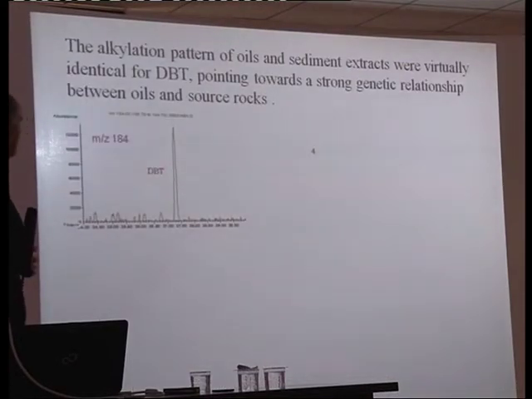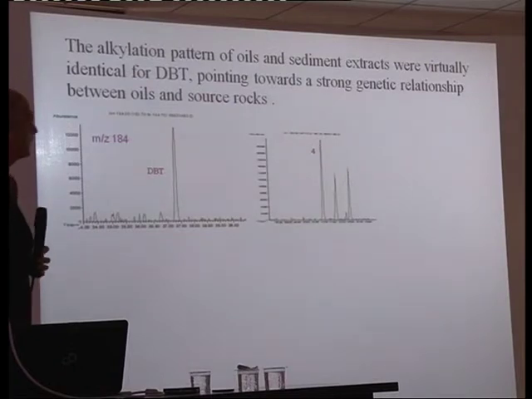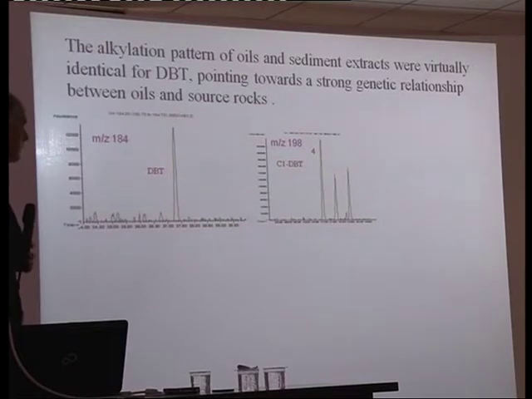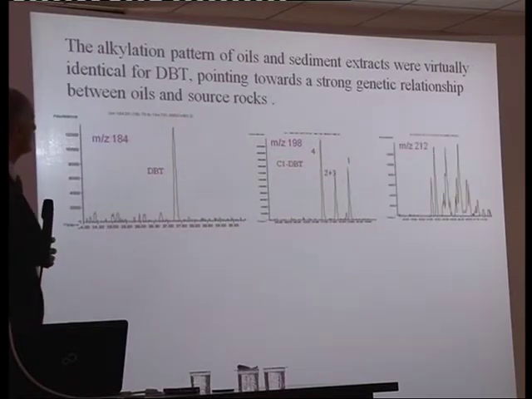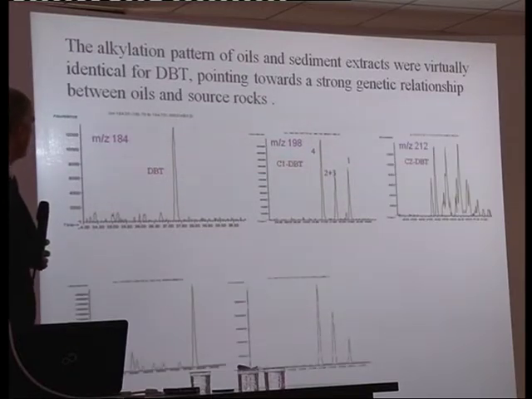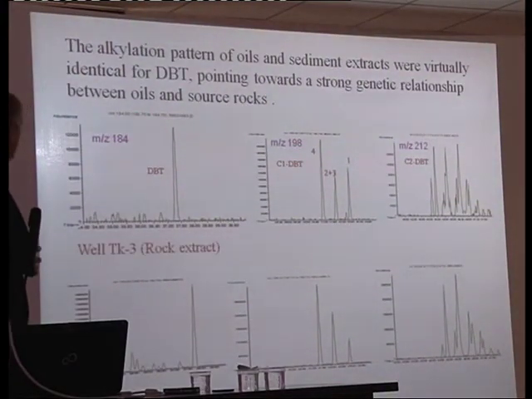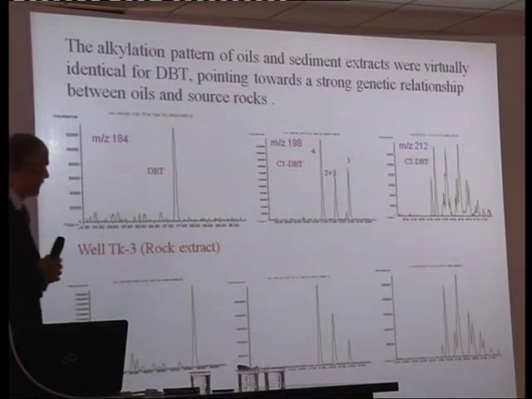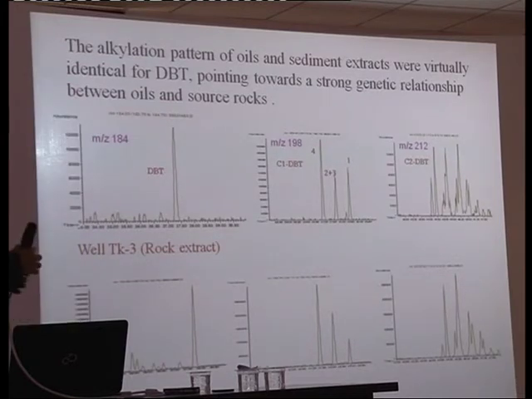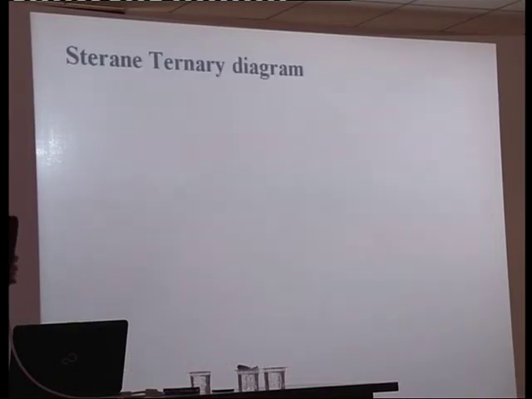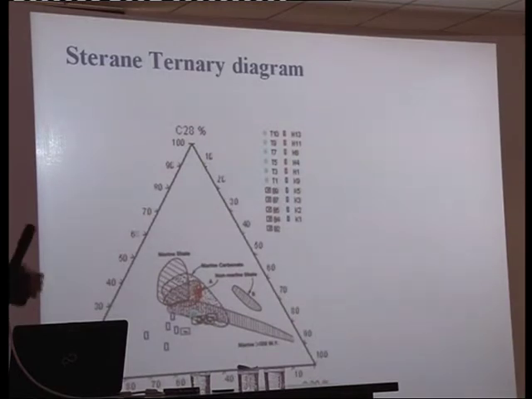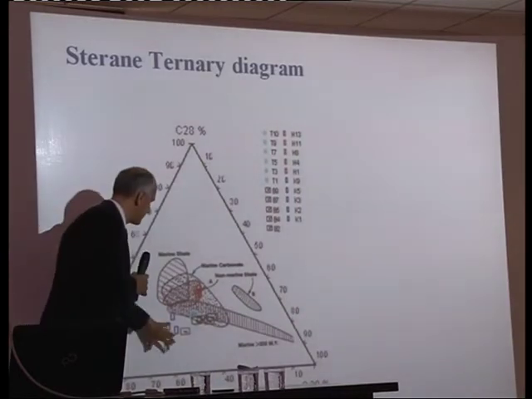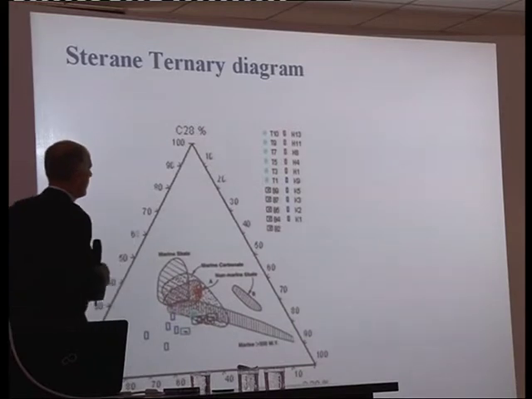Alkylation patterns can also be used for dibenzothiophene-type alkylation. You can follow it using m/z 184, sorry, 198, and also 212 chromatograms, and you will find some similarity between the rocks, rock extracts and oils, and differences from oil K252. Internally we also plotted the results here in the regular steranes.